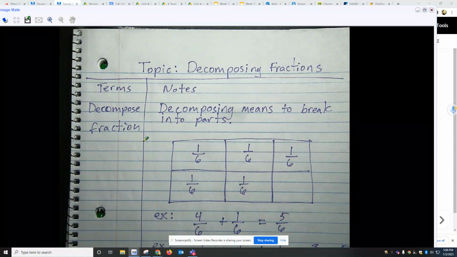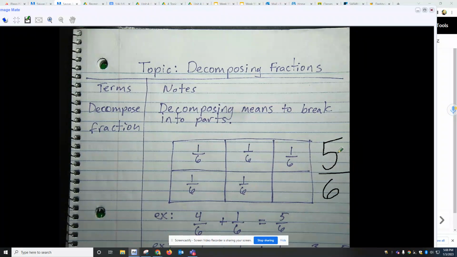For instance, this fraction that is right here is 5/6. I can break that into a variety of different ways, but when I add them all together, the total fraction is 5/6. The term I wrote down was decompose. Let's continue. Remember, you can pause it, write at your own speed, and then continue with the video.